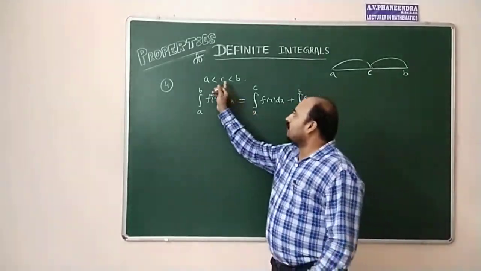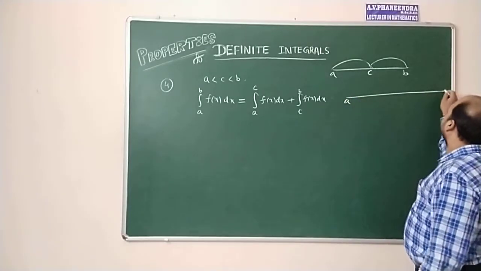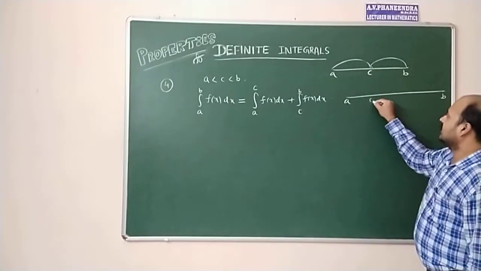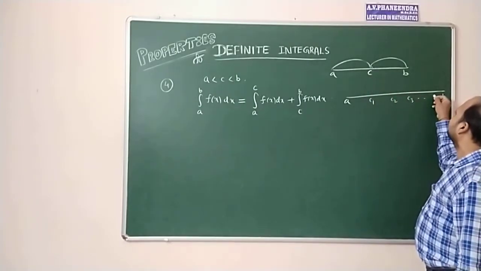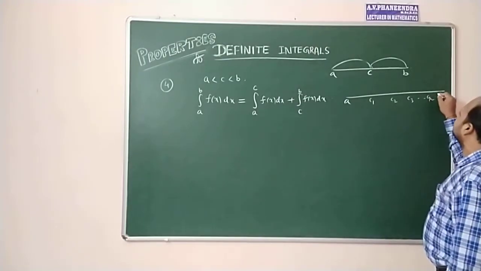Suppose not only one number, but a number of them are there in between A and B, like C1, C2, C3 and so on, some values up to Cr, r numbers are there.